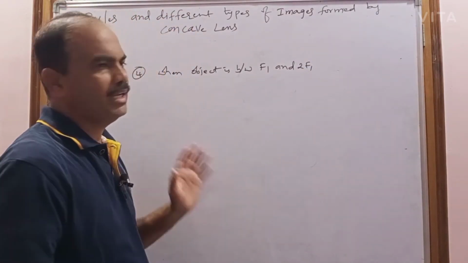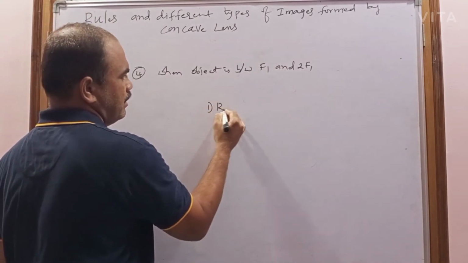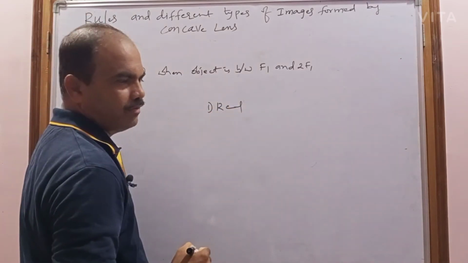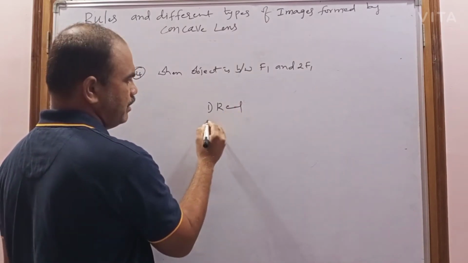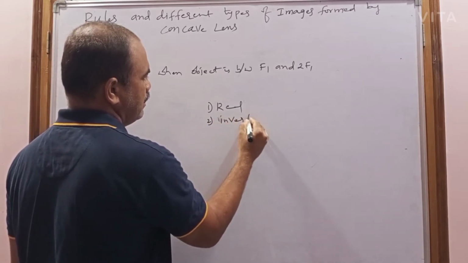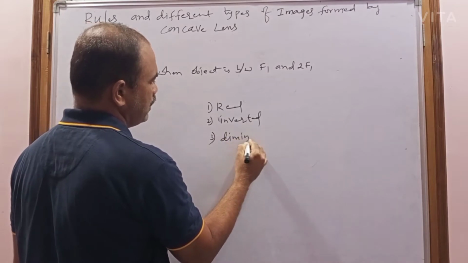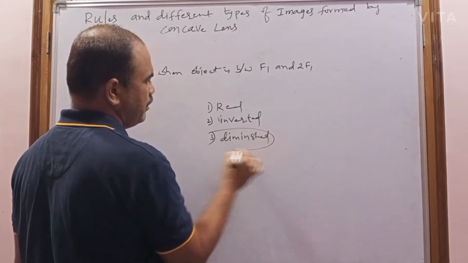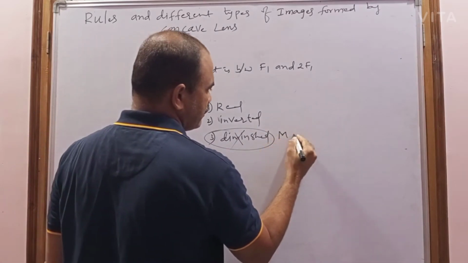I wrote that the characteristics of the image are: one, real; two, inverted; and three, diminished. But the image is not diminished. It is magnified.